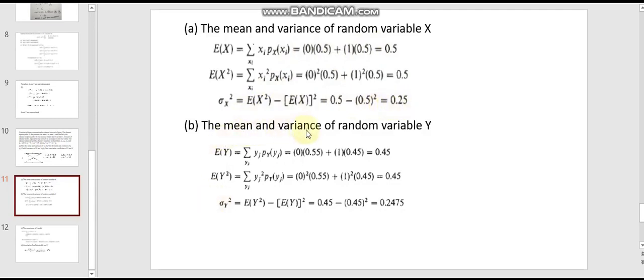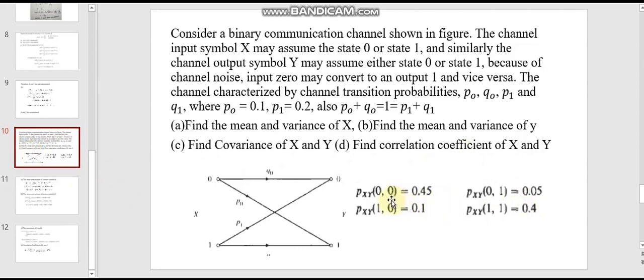The mean and the variance of random variable y can be found in this way. The expected value of y, which gives the mean, is found by applying the formula for the expected value of y. So we will get the expected value of y, which is equal to 0.45. From here you can find that when y is equal to 0, there would be two possibilities: 0.45 plus 0.1, so the probability would be 0.55.